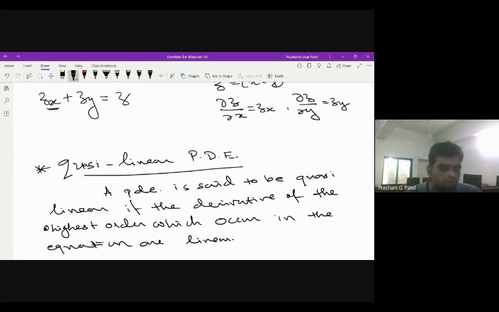That means whatever partial derivatives are there, they occur in linear form.